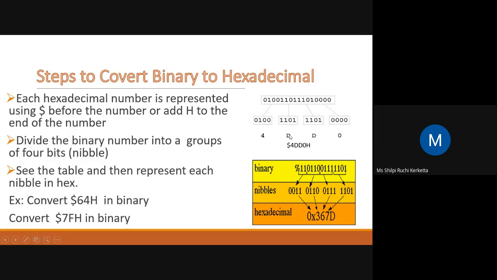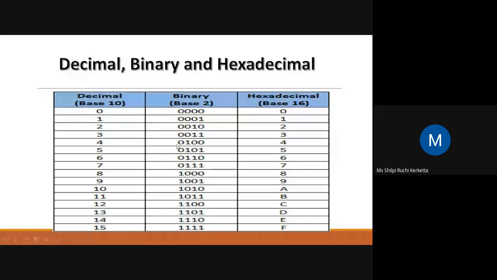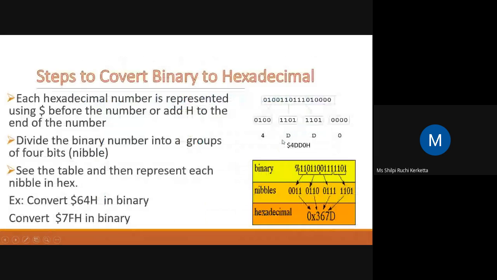Then our third term is the same. And we see the fourth nibble, 0100. What is the value of 0100? We see it is 4. So we make it 4.